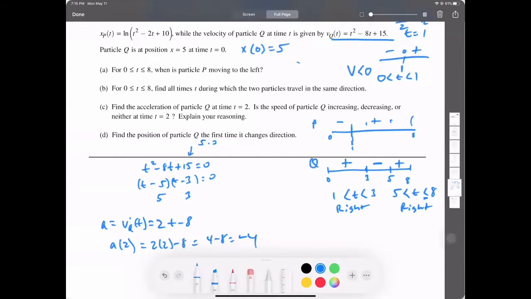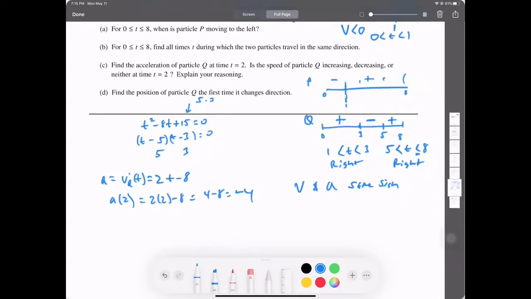When a particle is speeding up, it means both the velocity and acceleration are the same sign. And that was a big deal before. If you are running forward and the wind is blowing at your back, so both velocity and acceleration are in the same direction, that means you're going to be speeding up. Think about you running on the track field. When the wind's blowing at your back, it makes you run a little faster. But when the wind is blowing against you, it's fighting you, it slows you down.